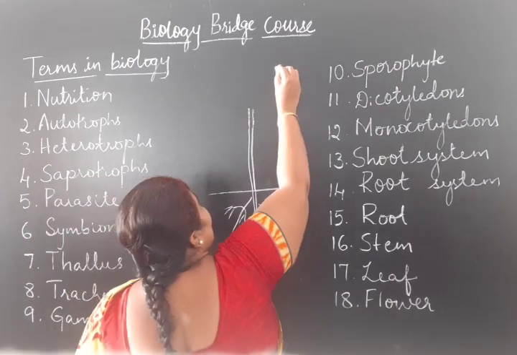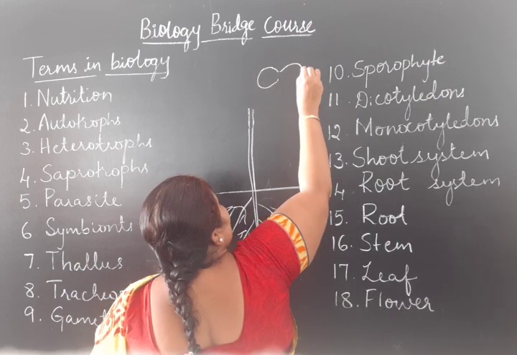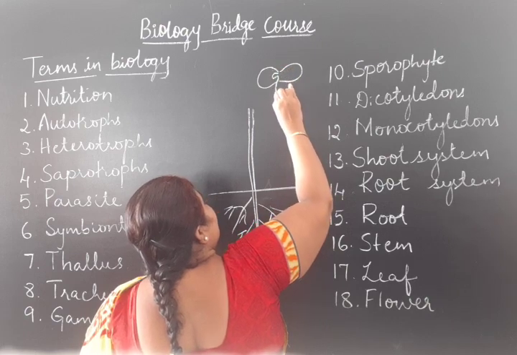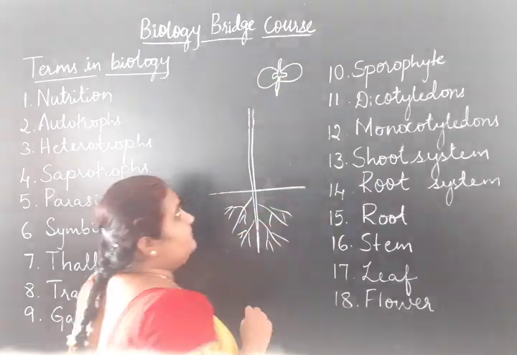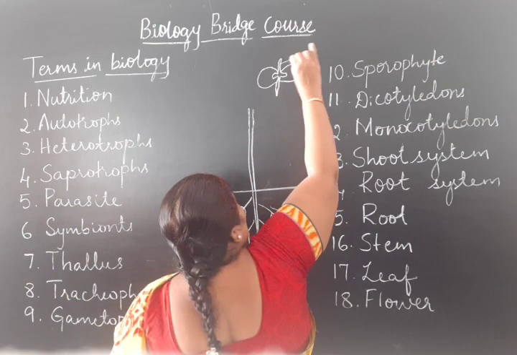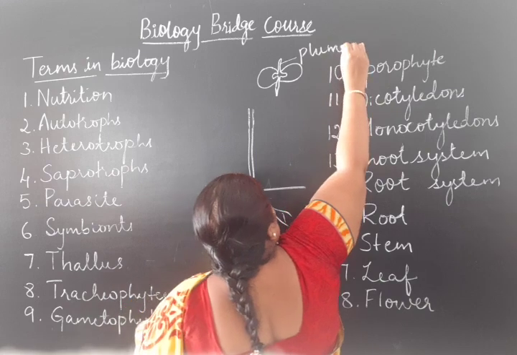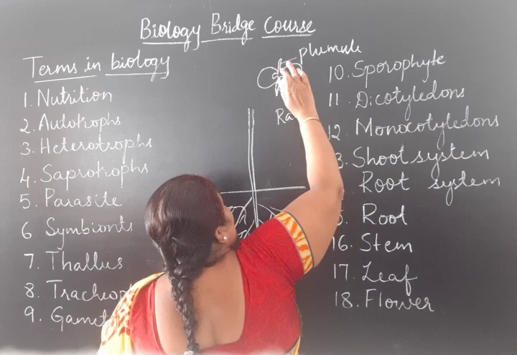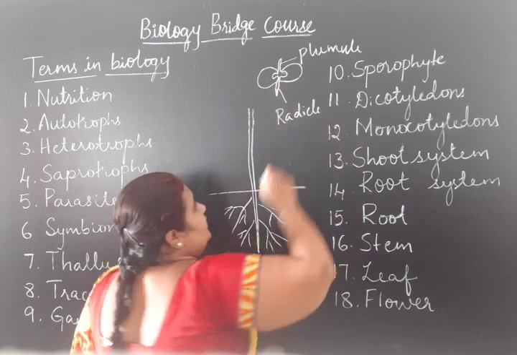During seed germination, you can find one is the plumule and another is the radicle.